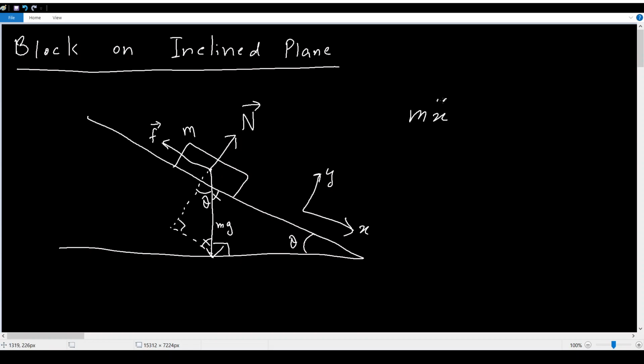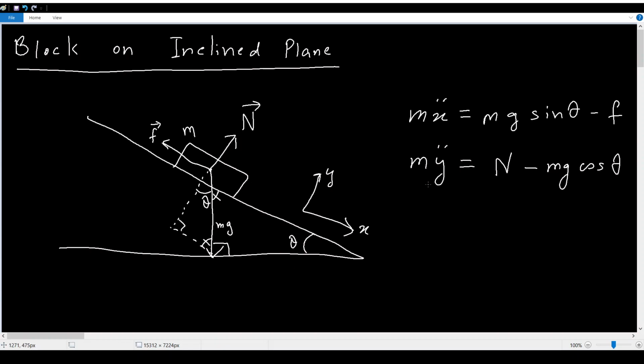So the force m a, where I'm denoting a as x double dot for the x direction, is mg sine theta, because it's opposite to this angle, minus the friction force, minus f. As for y, you have m y double dot is the normal force upward minus mg cos theta downward.